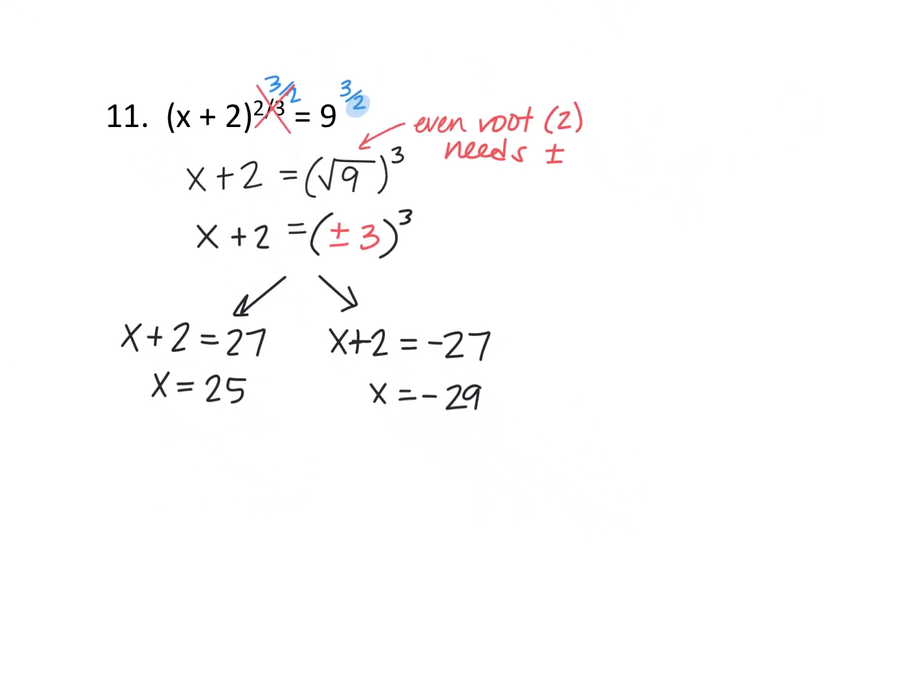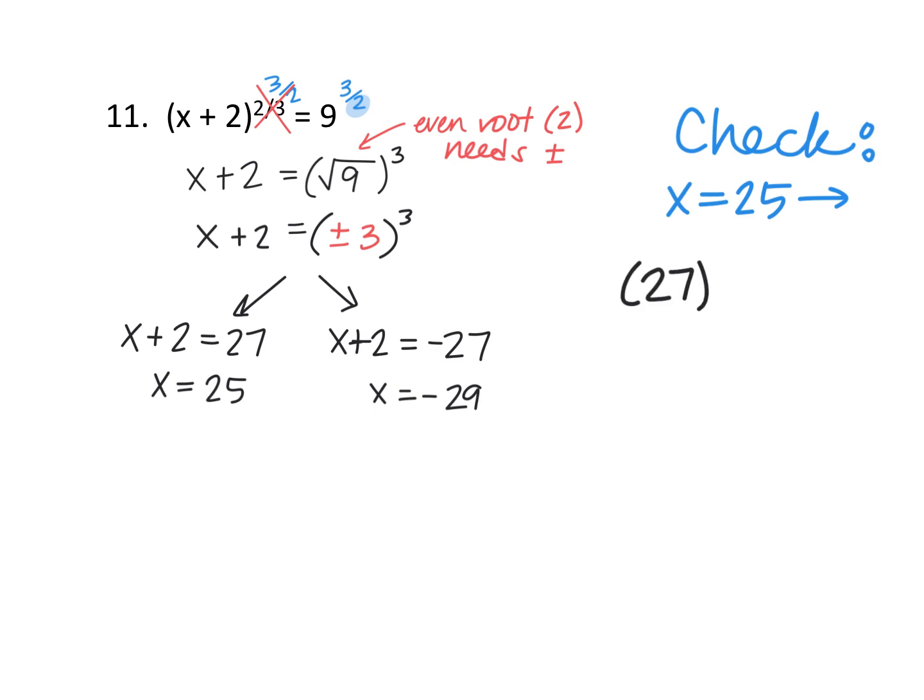I won't give you a lot of these, but it'll happen occasionally. So we are now going to check it, each one. We'll start with positive 25. If I plug that into my equation, it's going to be 27 to the 2/3 power is equal to 9.